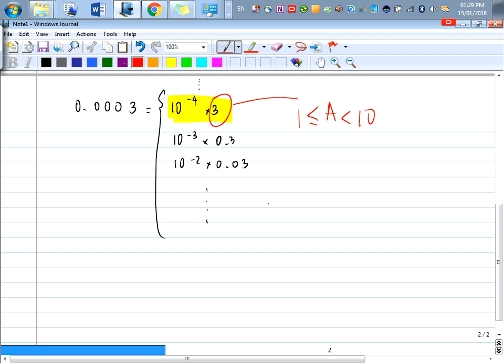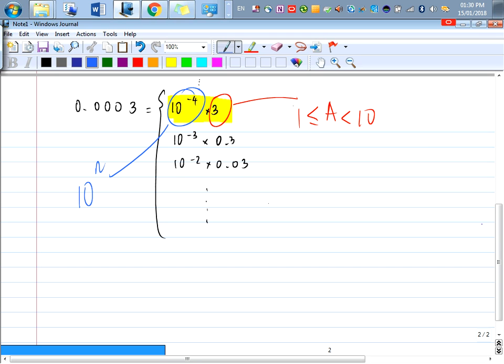And this number over here is our value of 10 to the power of n, where n is an integer. Integers can be negative. So -4 is not a problem. If there are even more zeros, we'll still be able to use the standard form of expressing them. Okay, I spent quite a bit of time talking about this.